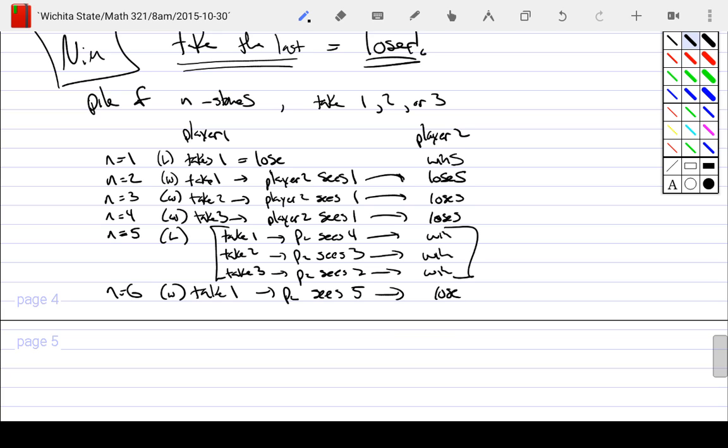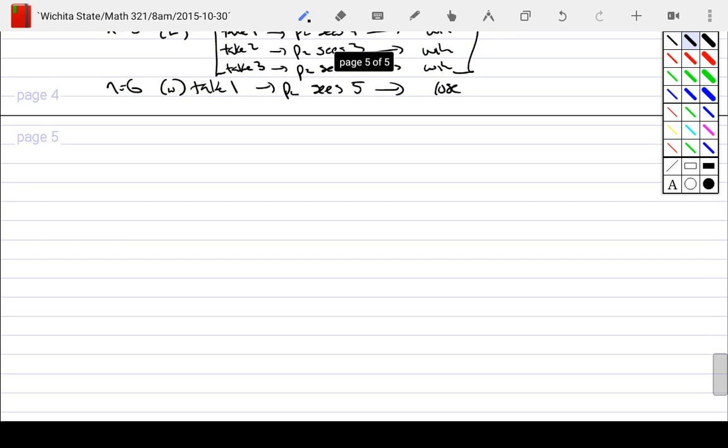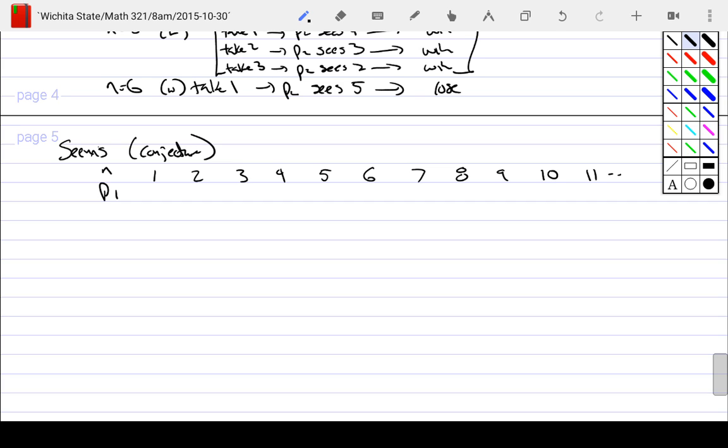So it looks like the pattern, it seems, this is a conjecture, that for player 1 versus n, 1, 2, 3, 4, 5, 6, 7, 8, 9, 10, 11, etc., is a loss, is a win, is a win, is a win, is a loss, is a win, is a win, is a win, is a loss, is a win, is a win, etc. Everybody catch the pattern?